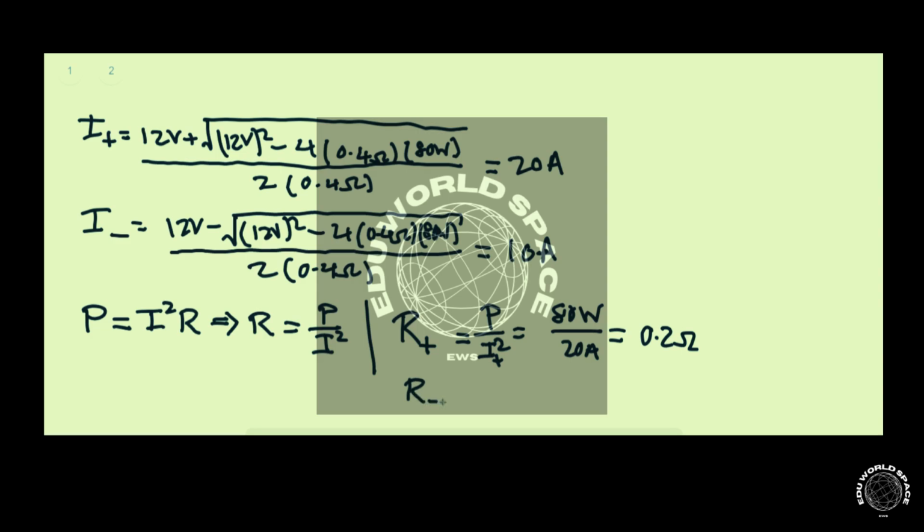And now R minus, which will be P over I minus squared, which is also 80 watts over 10 amperes squared. And this is equal to 0.8 ohms. So those are the two values of the resistance, 0.2 and 0.8 ohms, that will satisfy a power of 80 watts being dissipated.